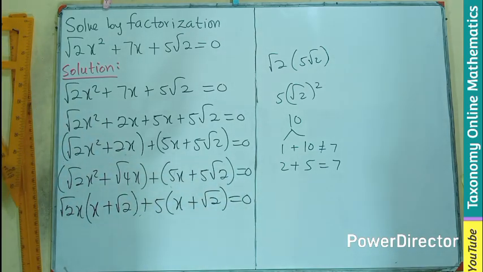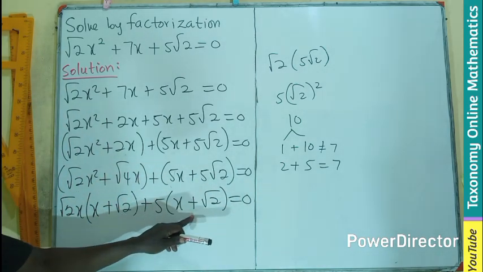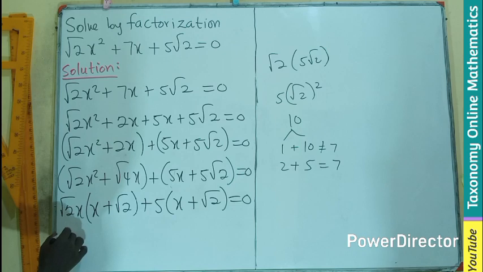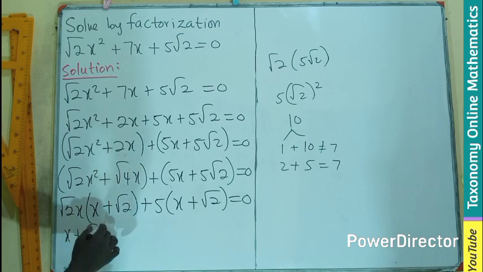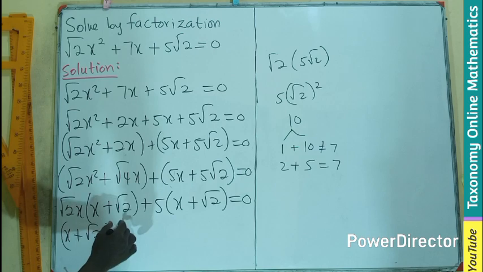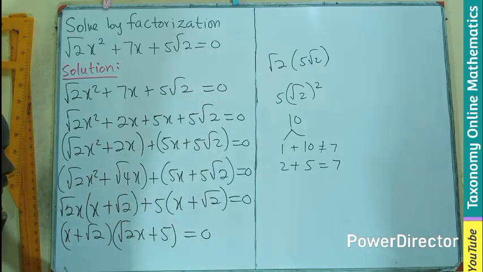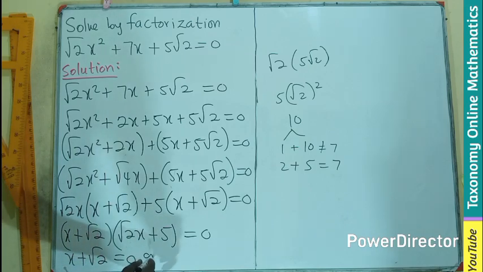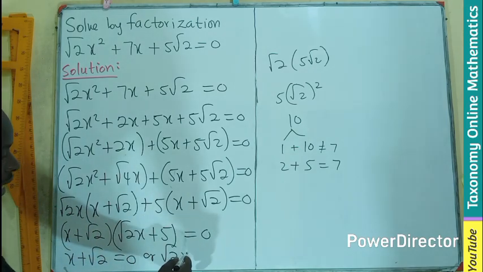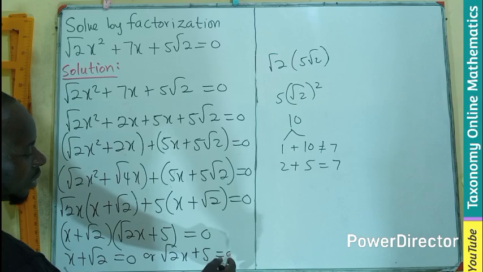So now we have our common factor in the bracket. That common factor is x plus root 2. When divided by this, I should be left with root 2 x, plus, dividing this by the common factor, 5, equals 0. So in this case, either x plus root 2 is 0, or root 2 x plus 5 is 0.